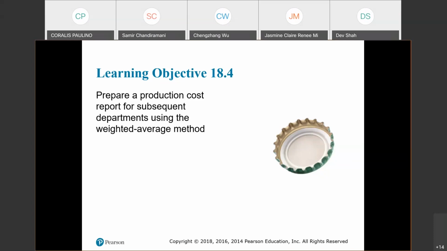For these parts, the costs remaining in the previous department or process should be calculated in terms of equivalent units of production.